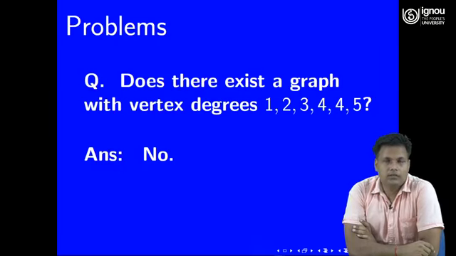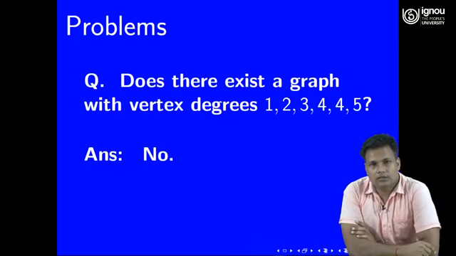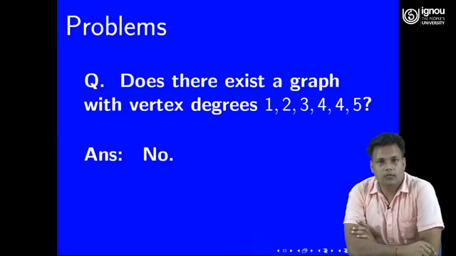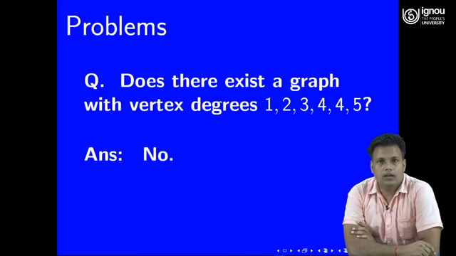Now let's look at some problems. Does there exist a graph with vertex degrees 1, 2, 3, 4, 4, 5? If you just look at the vertices which have odd degree, the first vertex is odd, the third vertex is also odd, and the sixth vertex is also odd.